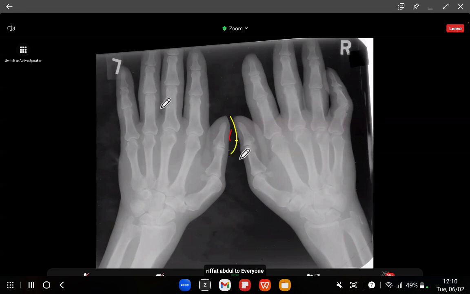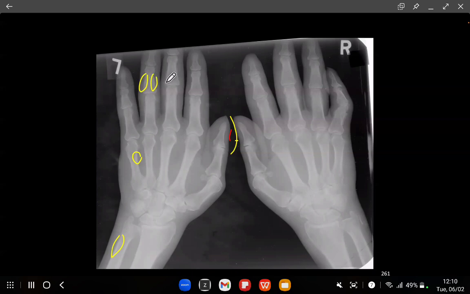So the findings are periosteal reaction, very similar to what you might find with HOA. In this particular case, there's not much in the way of MC involvement. It's mainly phalangeal involvement.